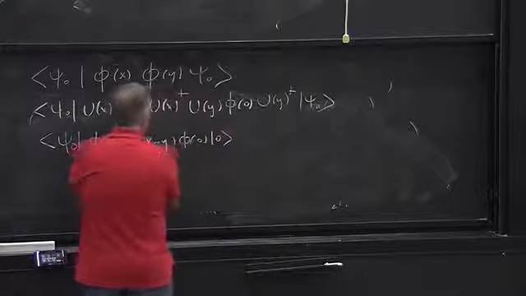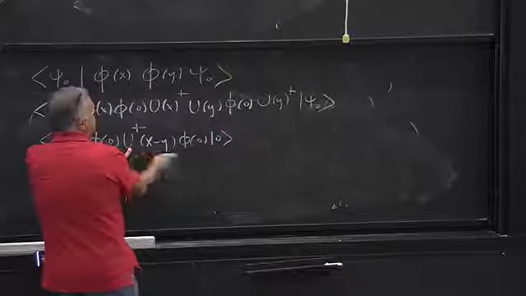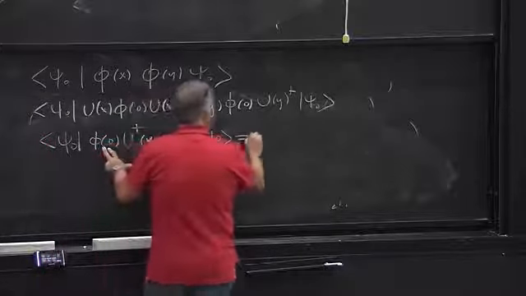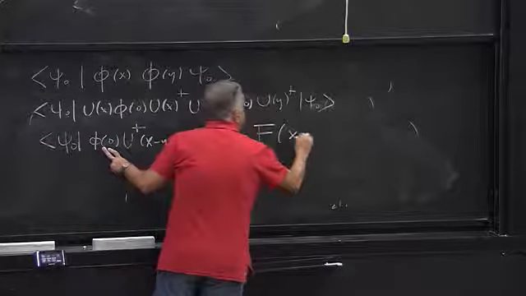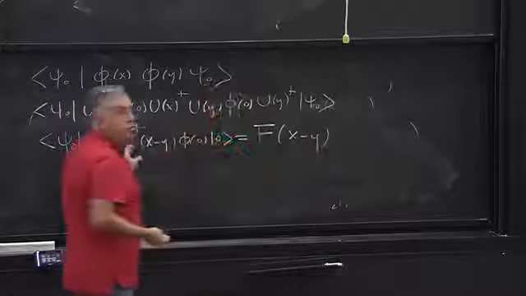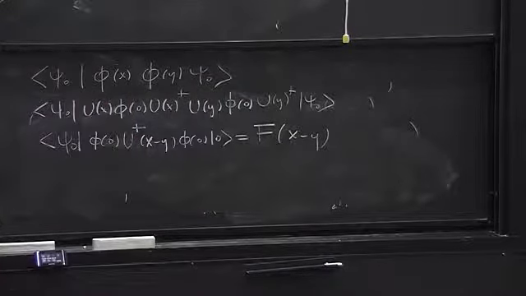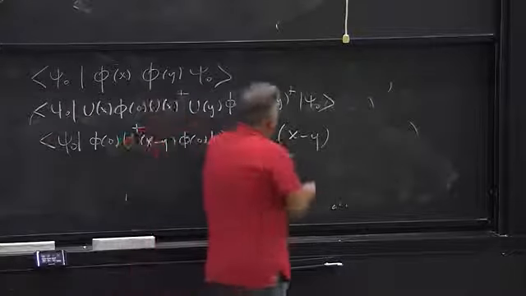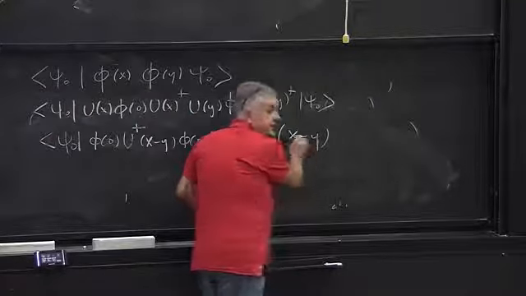And since this is a strongly continuous representation of the translation, and these are operators, this has to be a continuous function. If you assume that this is an operator, this vacuum expectation value is a continuous function of the difference variable.